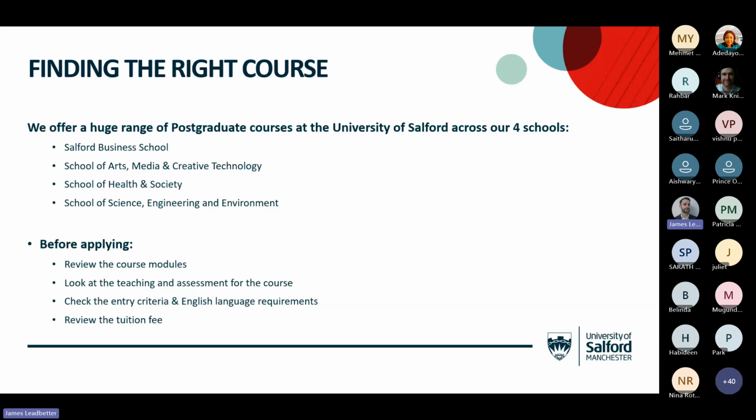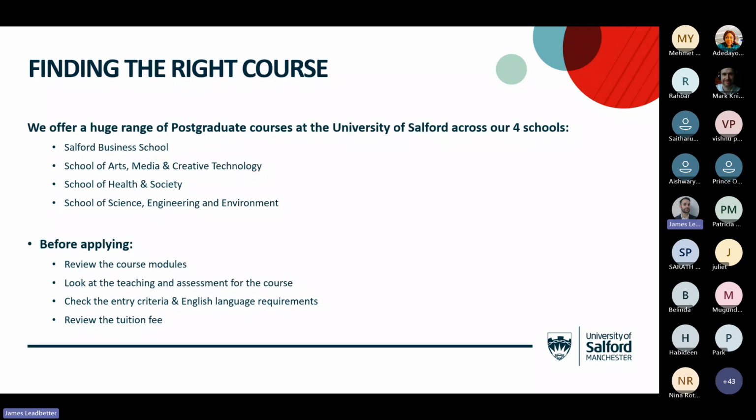So looking into those areas, something that's really important, and my top tips for before you apply for a course, is to check out the course modules, look at the teaching and assessment of the course. Is it exam based? Is it coursework based? Is it practical based?